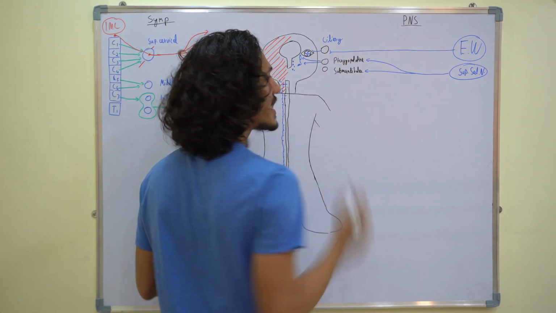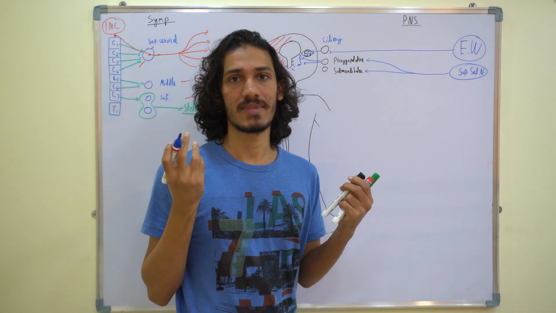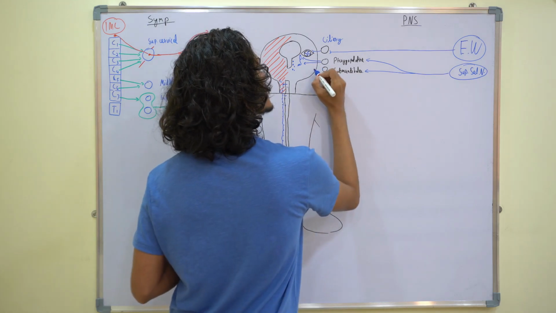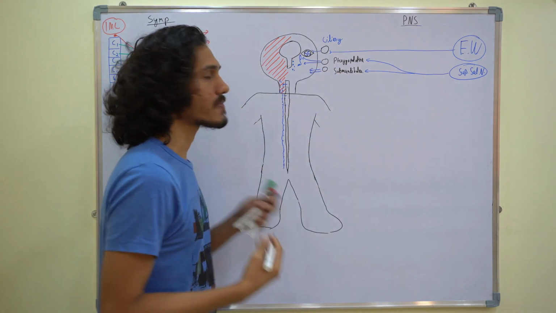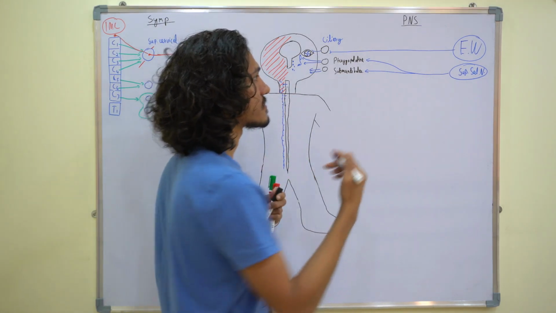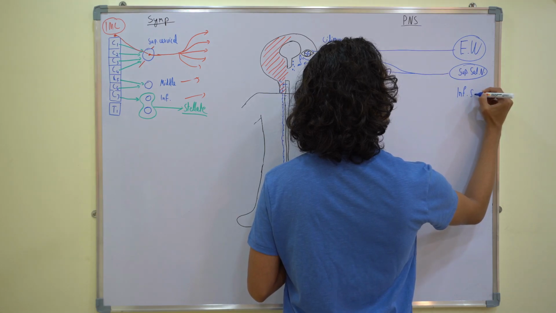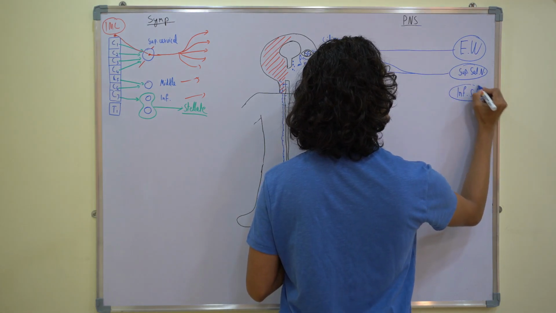And from the submandibular ganglia, it is going to go to your salivation, the submandibular as well as the sublingual glands. So what part of salivation is still remaining? The parotid gland. That is supplied by your inferior salivatory nucleus. I told you the two salivatory nuclei are the superior and inferior.